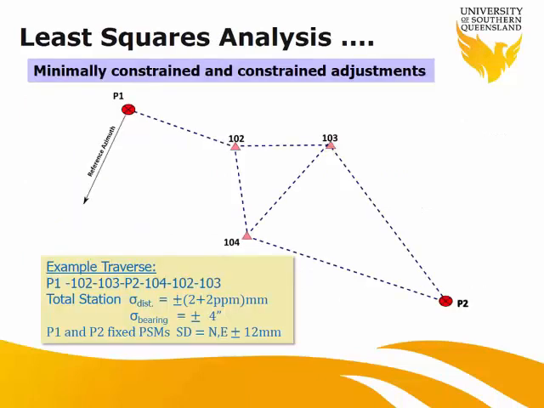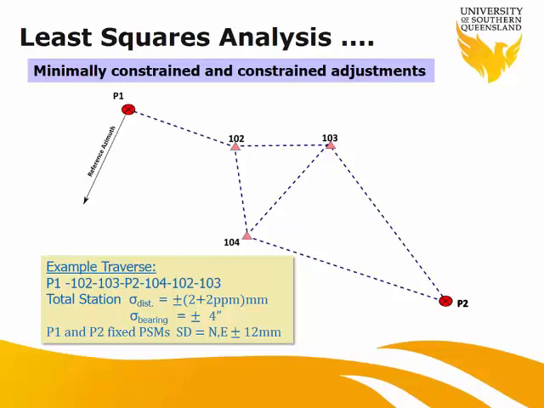Let's have a look at the fully constrained network. Basically it's a constraint model. We're assuming that P1 and P2 are fixed.